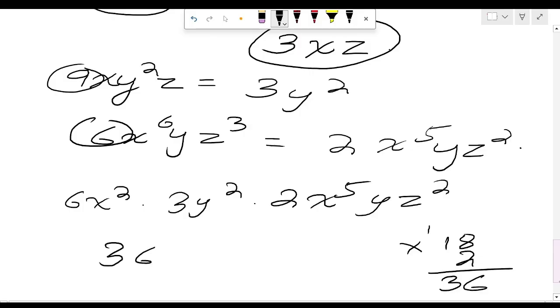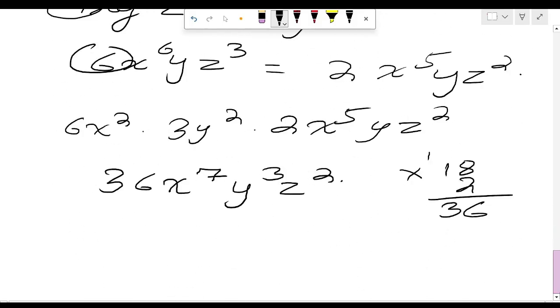Then we have x square and x power 5, that results in x power 7. And then we have y square and y, that results in y cube, and then z square will remain as it is. So this is our uncommon factor multiplied with the HCF, which is 3xz.